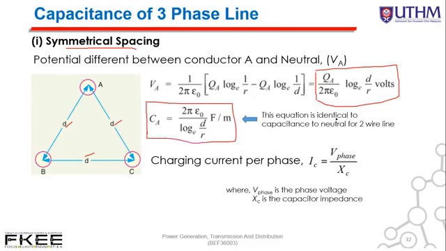This equation is identical to the capacitance to neutral for a two-wire line. Another equation for symmetrical spacing is the charging current per phase, IC equal to V phase divided by XC, where V phase is the phase voltage and XC is the capacitor impedance.